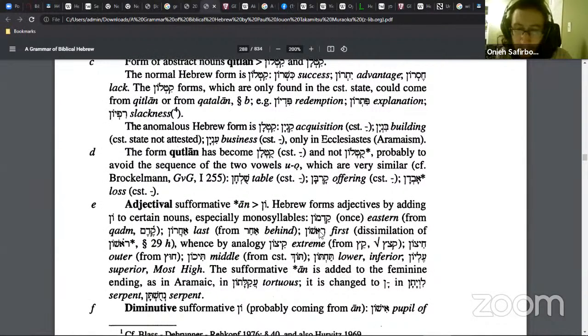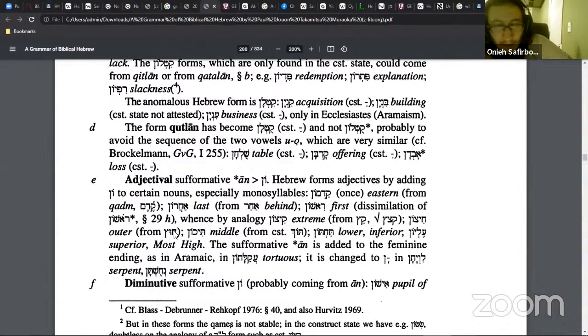Rasun, which is like chiefest, it means first. And then kedamun, it basically means eastmost or eastern. Aharon is the aftermost, means last.